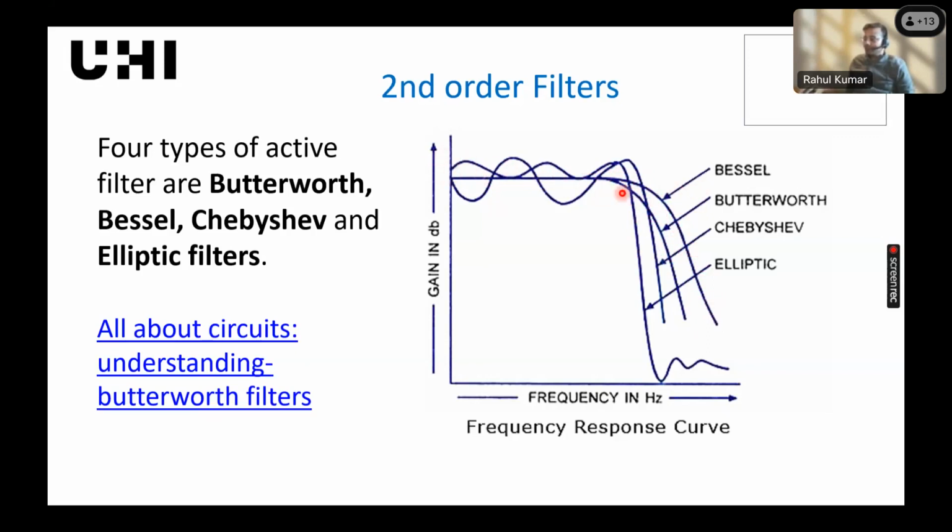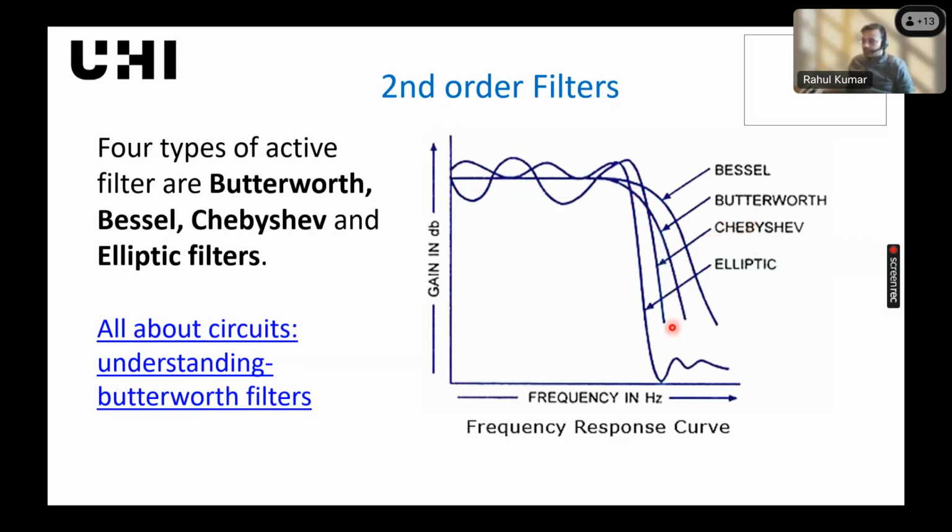Although in the pass band it's quite smooth, the cutoff slope is gentle. In case of Butterworth, again the response in the pass band is very smooth, but again the slope is not very sharp, is it?